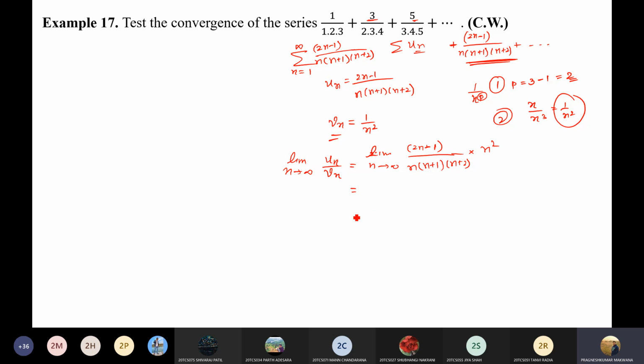Now simplify, what is the answer? Sir, 2. Yes, the answer is 2. Very good. After applying the limit, the answer is 2, that is non-zero and finite.